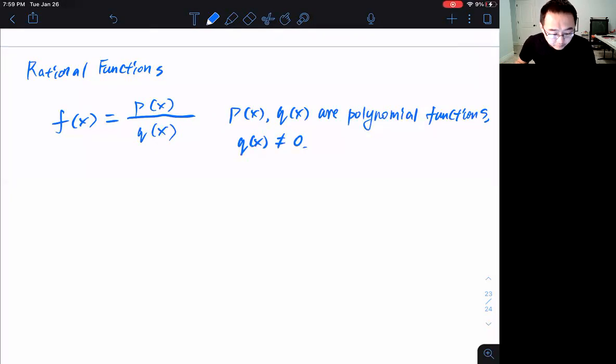Now, a rational function usually has asymptotes. Asymptotes are lines that the function will forever get close to, but never reach or cross. So it can be a vertical asymptote.